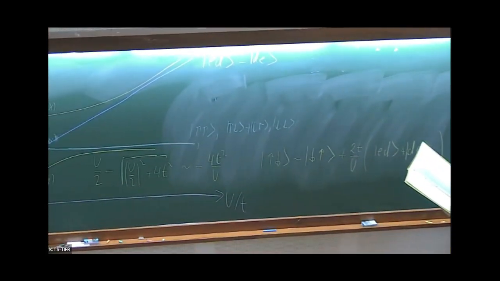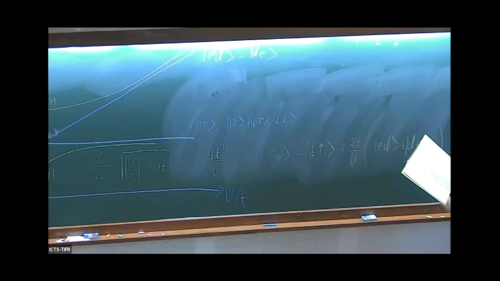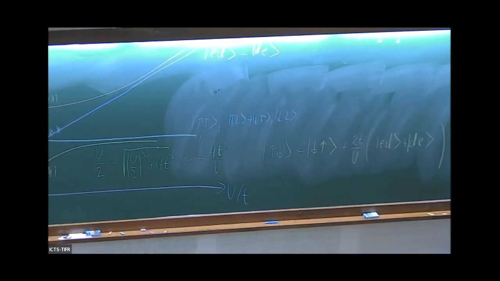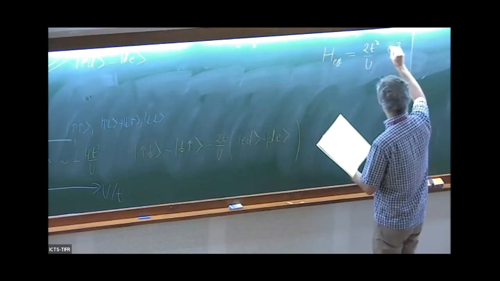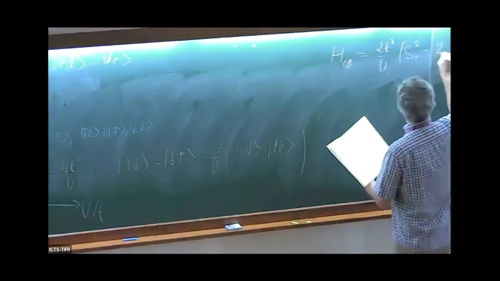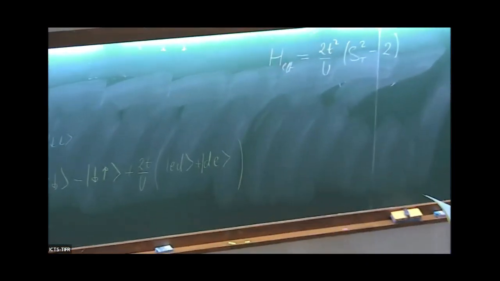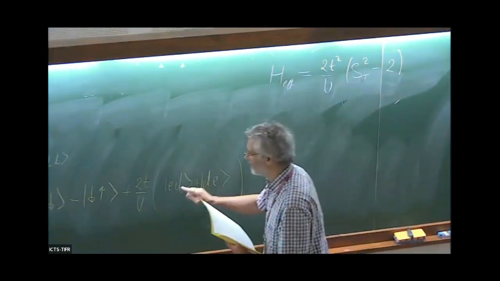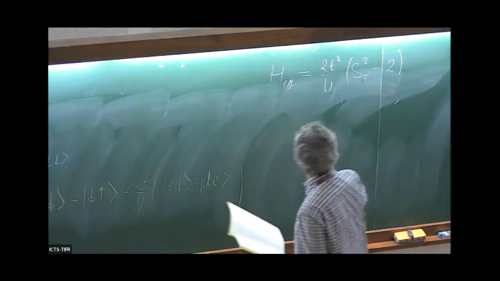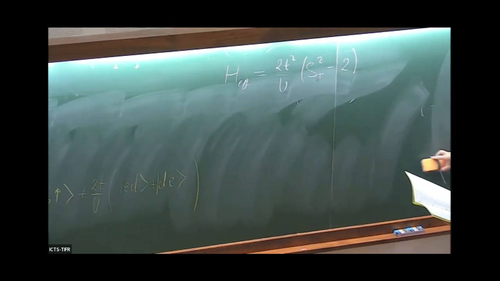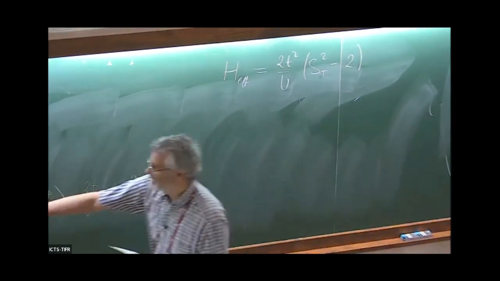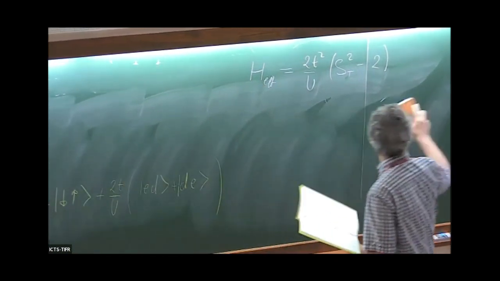So I can write H effective equal to 2t squared over U times S total squared minus 2. The S total for the singlet is 0. So this will give me minus 4t squared, which is this energy.